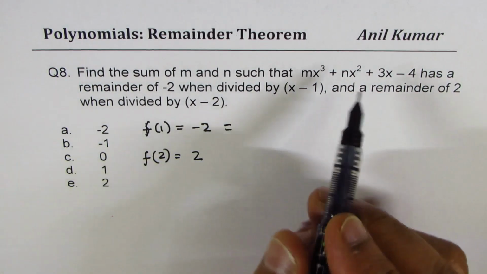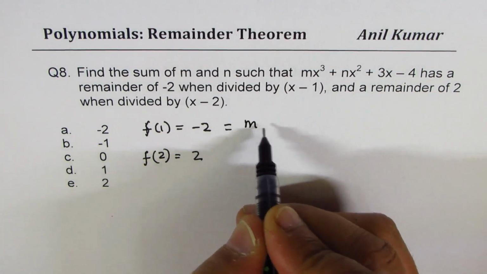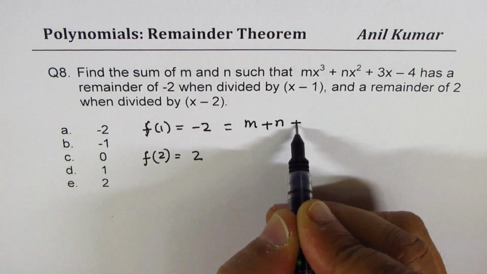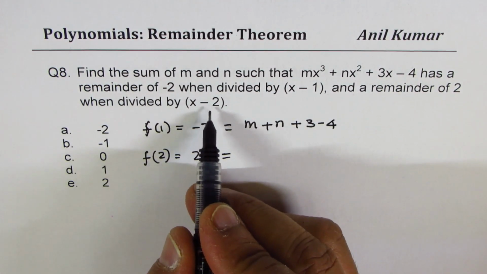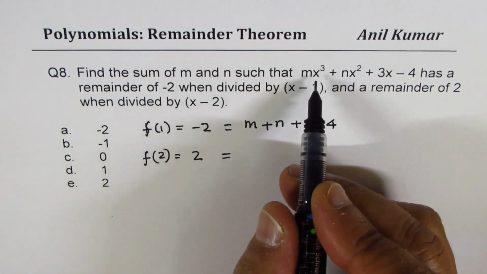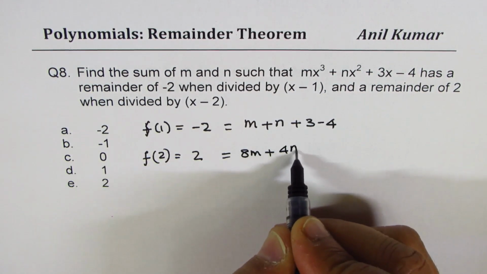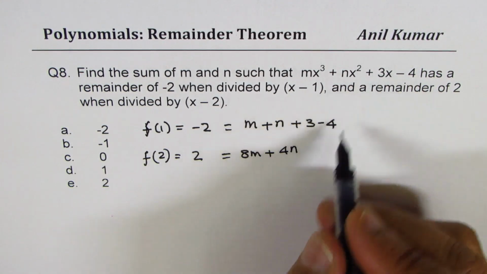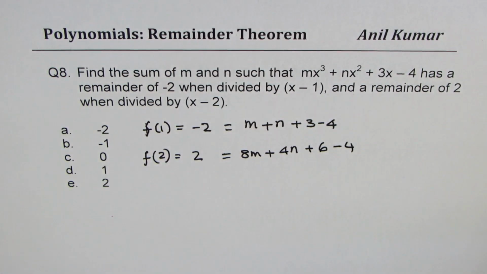So let us substitute 1 in this equation. You get m plus n plus 3 minus 4. And when you substitute 2 in this equation, then you get 8m plus 4n plus 6 minus 4. So you get two equations, right?